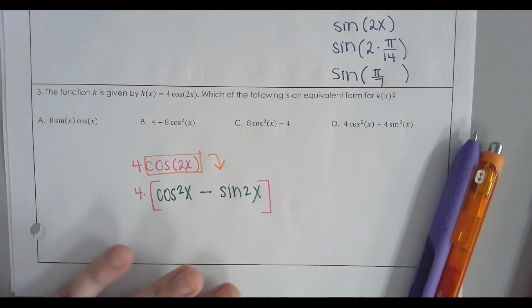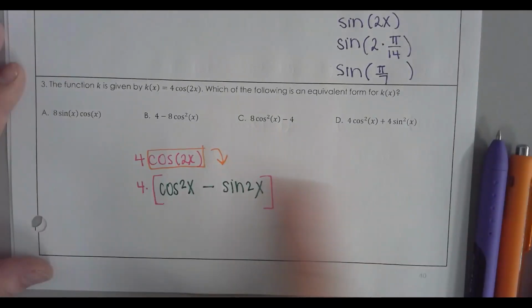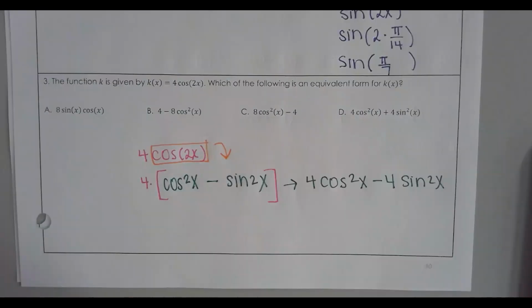Bottom right, cosine. I had something that looked just like that in my answer choices: 4 cosine squared x minus 4.